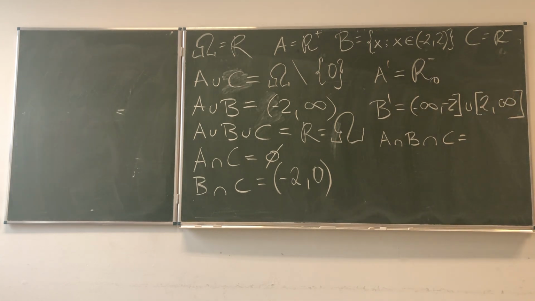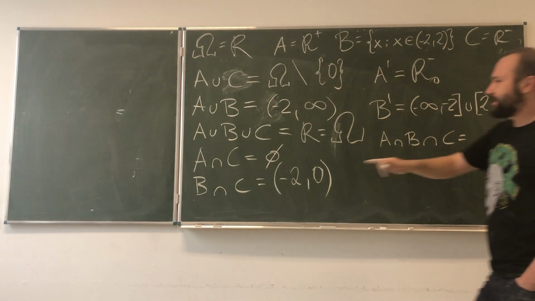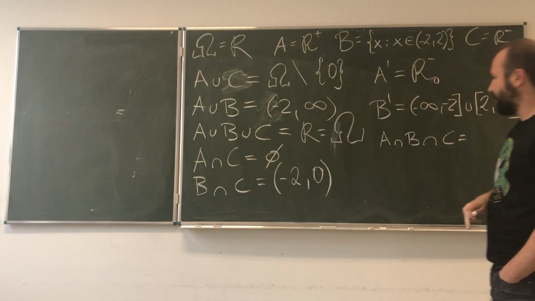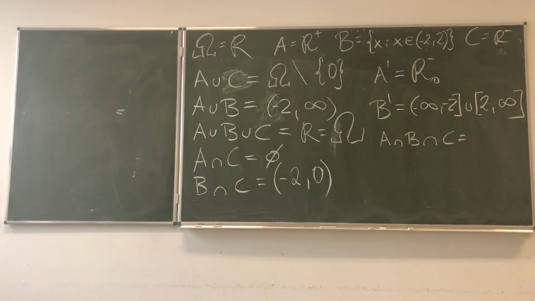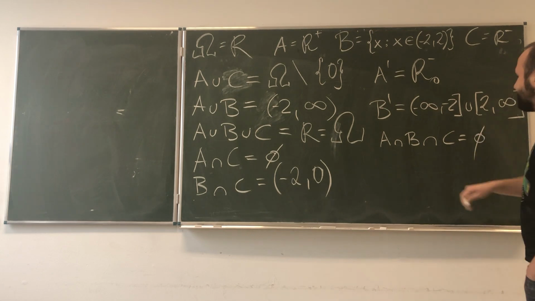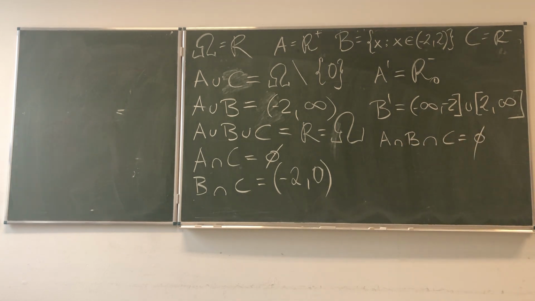So what would be the common part of all three of them? Well, let's think about it. If A and C do not have a common part, then would including B change anything? No, this would still be an empty set, because we are required to get a common part for all three sets.